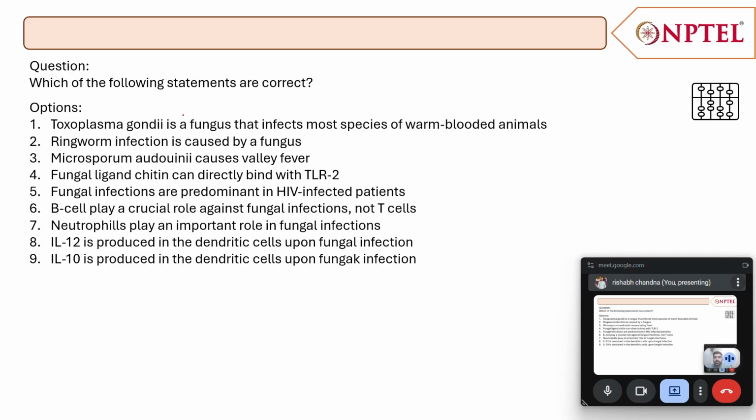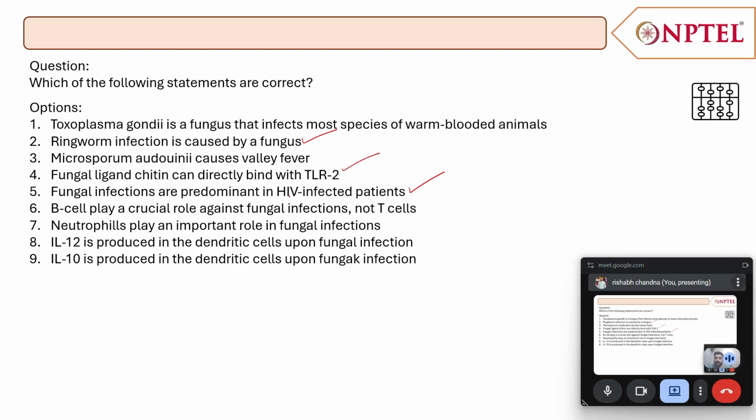Toxoplasma gondii is a fungus that infects most species of the warm-blooded animals. Okay. Ringworm infection is caused by a fungus. Yes. Coccidioides immitis causes valley fever. Then fungal ligand chitin can directly bind to the TLR2. Fungal infections are predominant in HIV infected patients. Yes, this is correct. This is also correct.